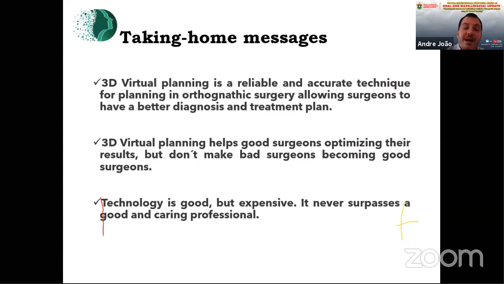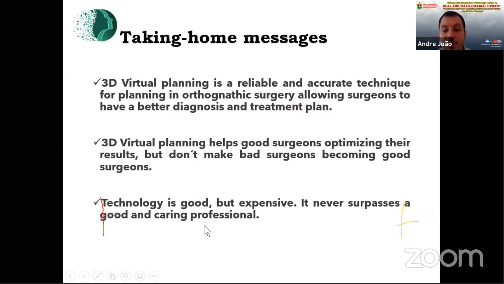It's not because you do 3D planning and go to surgery with your 3D printed splints that you're going to get good results if you don't know how to plan your case. You need a good facial analysis and a good plan to achieve a good result.